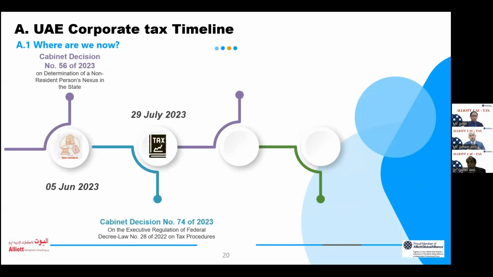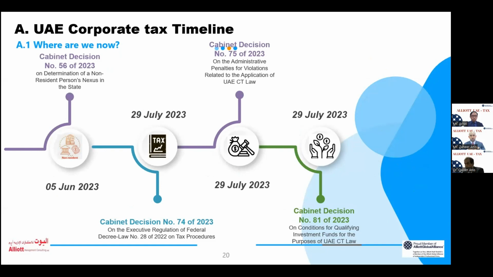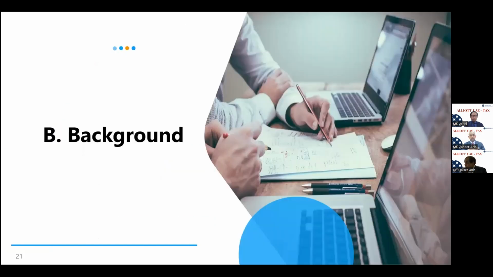And then in the last days, on the 29th of July, we had Cabinet Decisions number 74, 75, and 81. Today we're discussing 75, which is the administrative penalties for violations. The other ones were for tax procedures, and one was for qualifying investment funds.